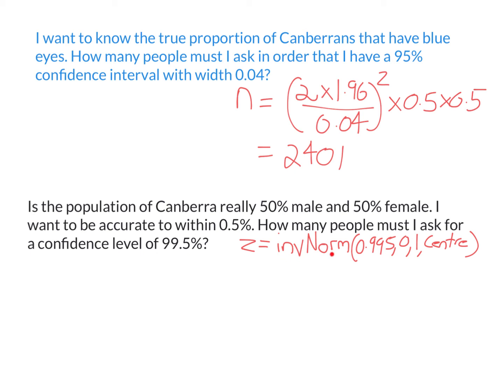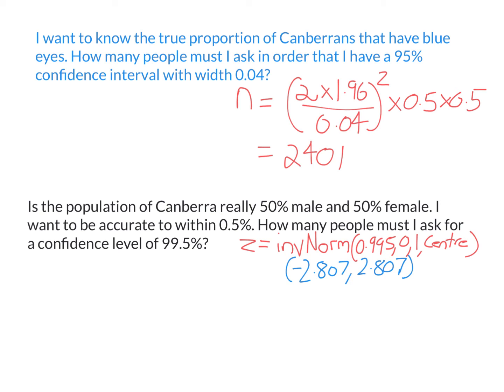If we don't know what that is, we use the inverse normal function on our calculator, and we should get this answer here. So this means in the standard normal distribution, 99.5% of scores lie between 2.807 standard deviations below the mean and 2.807 standard deviations above the mean. So my value for z is 2.807.